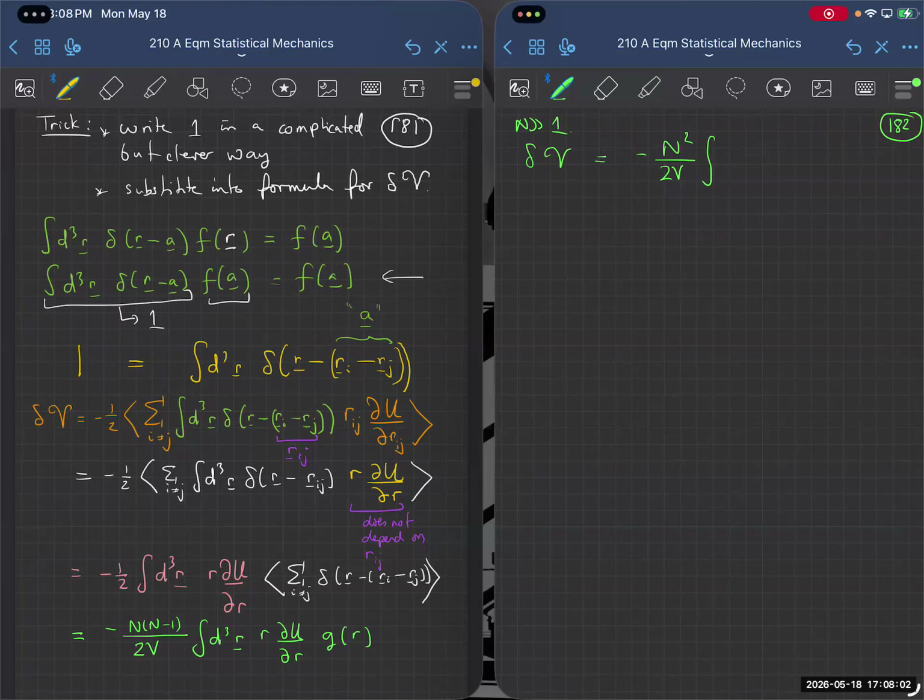But the system is completely isotropic, just a gas floating around, so I can do the integral as 4 pi r squared dr. That's my d3r. And then I have r du by dr, and then I have g of r.